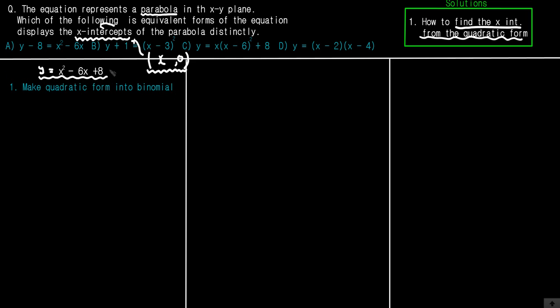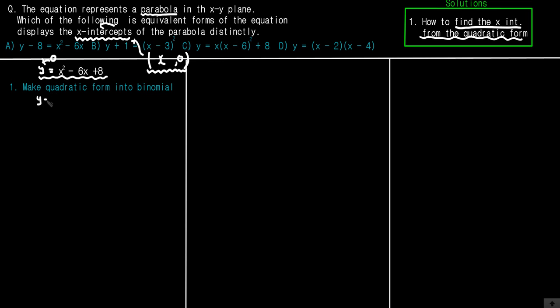If we convert into a binomial, we're basically trying to find the x values when the y value is equal to 0. All you need to remember when solving for the x-intercept from the quadratic form is to make it into a binomial. Let's apply this to our quadratic form.